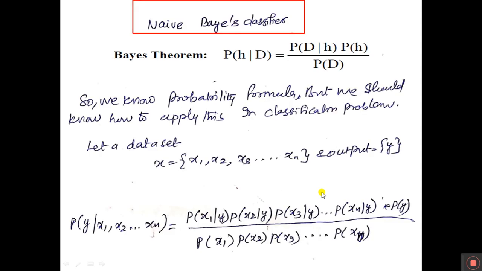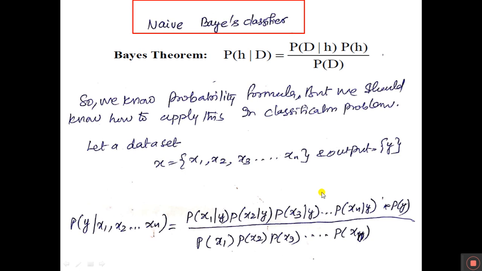Okay, so we know Bayes theorem: the probability of hypothesis given the data equals the probability of data given hypothesis multiplied by the probability of hypothesis, divided by the probability of the data.